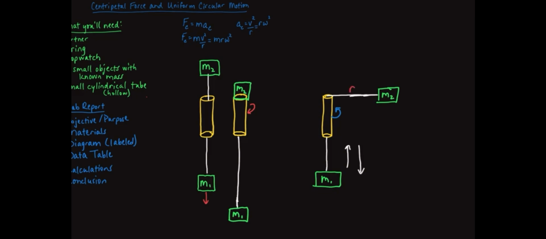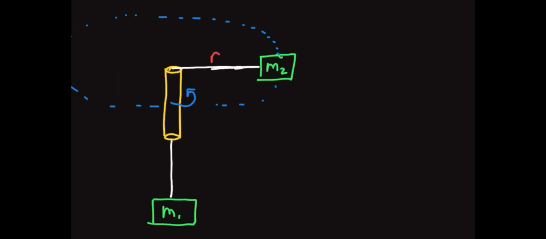And so that'll take a little bit of practice. And you don't want M1 to rise to where it's touching the bottom of the tube here, because that will affect your results.